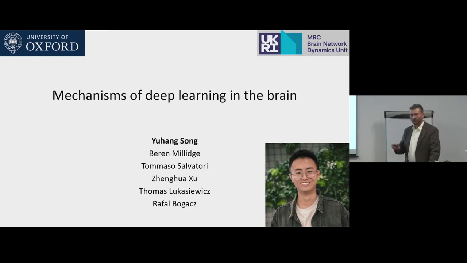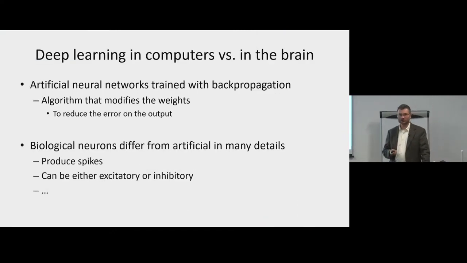As most of you probably know, artificial neural networks are trained with an algorithm called backpropagation, which modifies the parameters describing the connection strengths between the artificial neurons in order to minimize the error made by the network on the output.